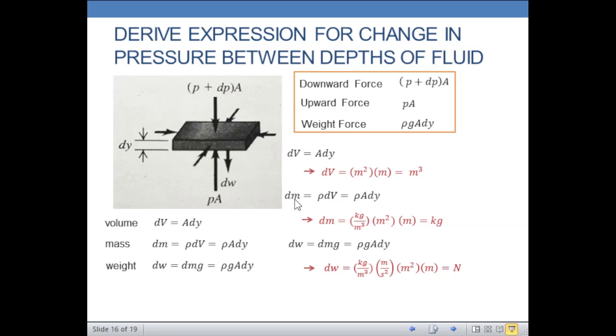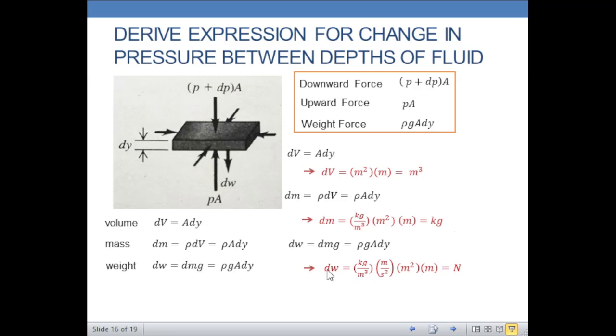For dm, the mass, that is density times area times dy. The density is kilogram per cubic meter times meter squared times meter. So the cubic meters are cancelable, and the remaining unit is kilogram. This is for mass.